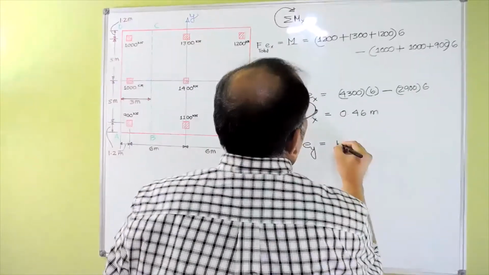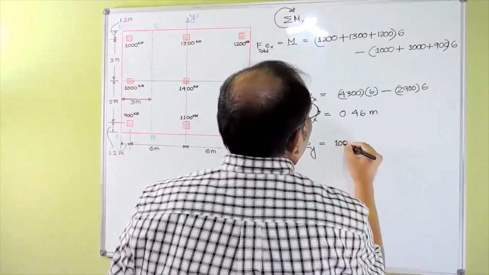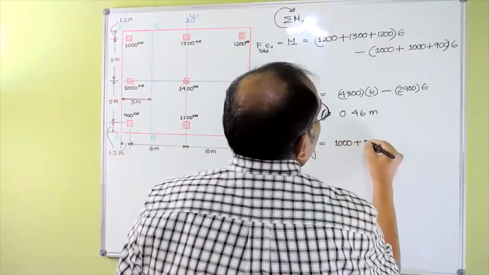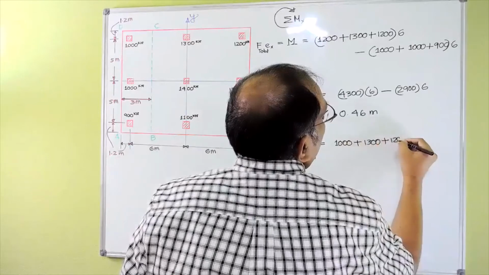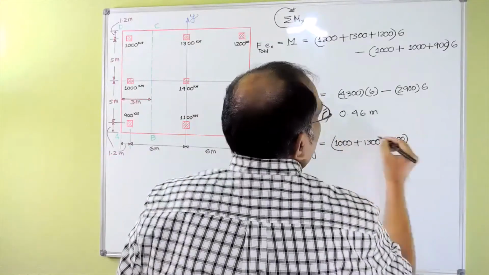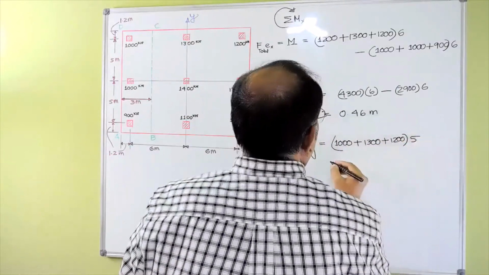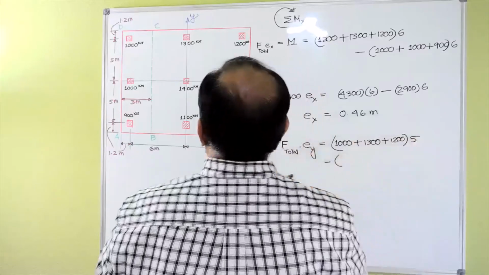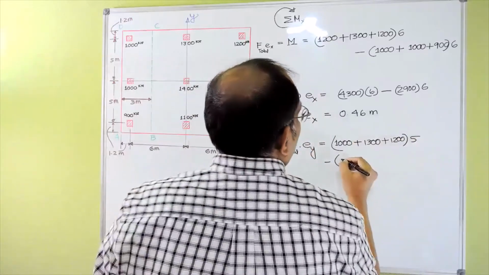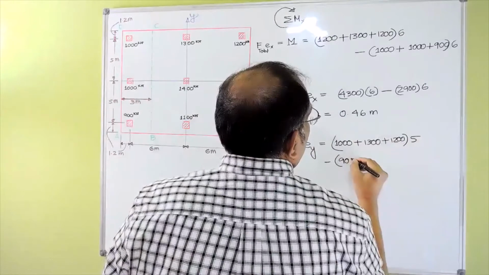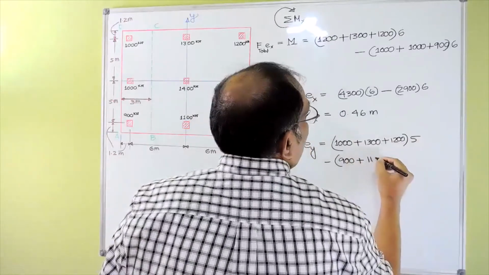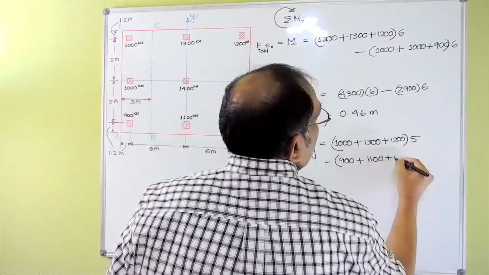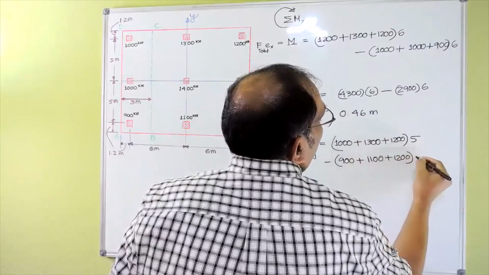So you can see 1000 plus 1300 plus 1200 multiplied by positive 5, minus these forces, 900 plus 1100 plus 1200 multiplied by 5.